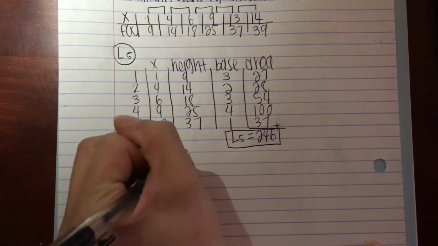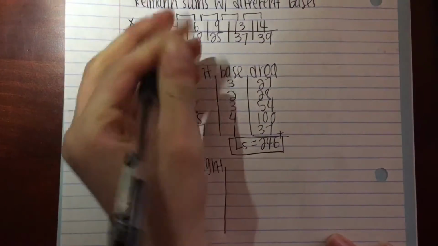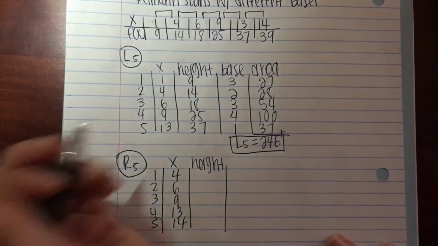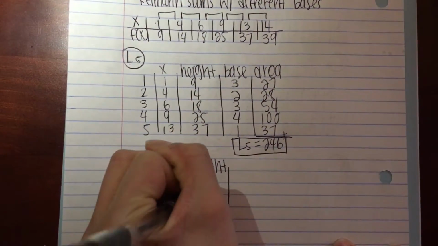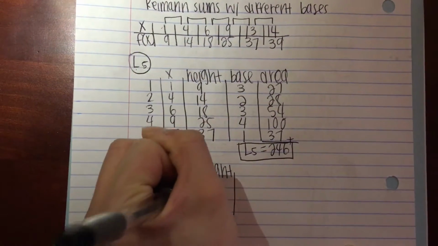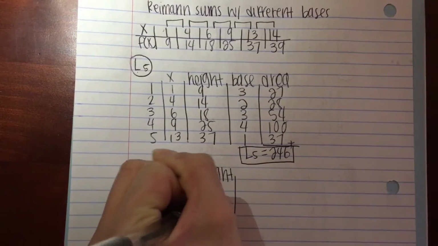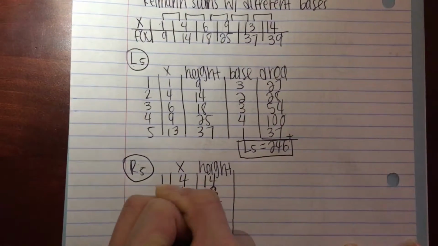I'll go ahead and write down my height. Same exact thing as the x's. You're just going to start at the right hand side of the rectangle depending on which rectangle you're at. So the first one would be 14, 18, 25, 37, and 39.